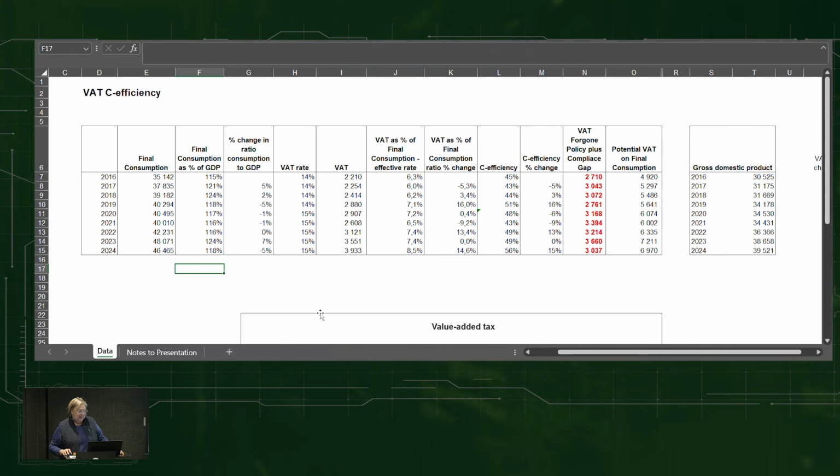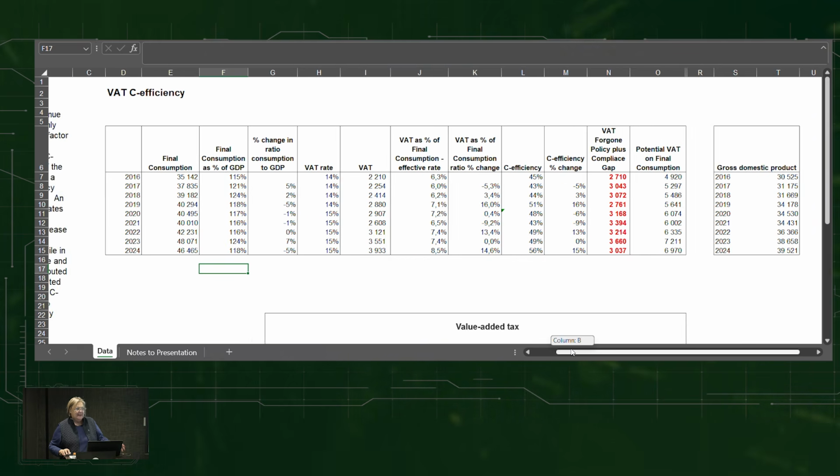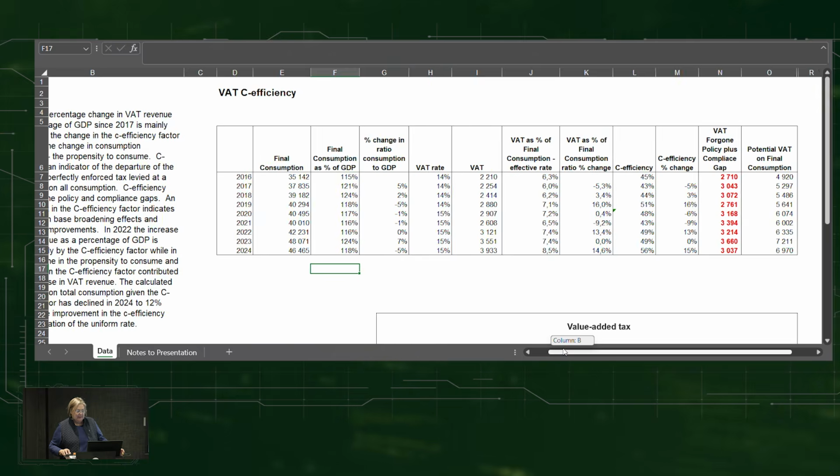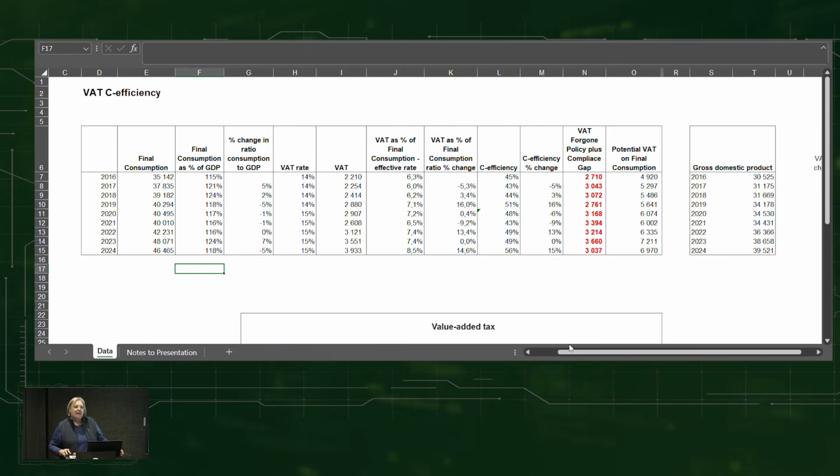Okay, let's see if you're going to do it with your country data. And if you would be able to tell me what your effective tax rates are, like this gentleman says, it's important to know, and then to quantify that gap if you are going to apply a uniform rate to your base, and to see how much revenue is foregone due to policy proposals and how much is lost through the compliance gap.